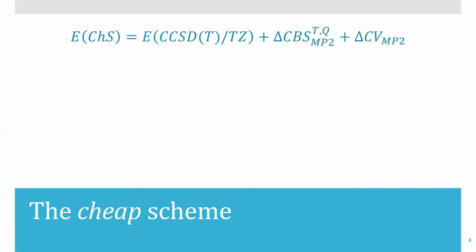And we can easily include that in an effective manner using this scheme that was presented in the literature. It's called the CBS plus CV scheme, and it's the sum of three terms. First of all, we compute the energy using the CCSD(T) method with the triple zeta basis set, using the frozen core approximation.